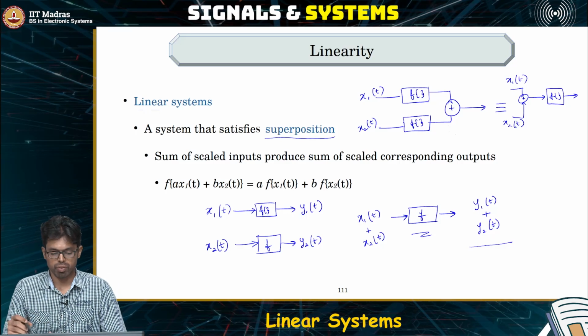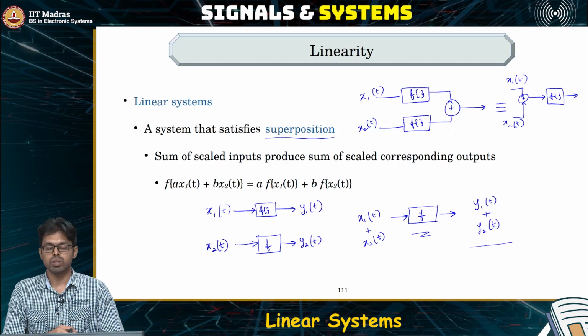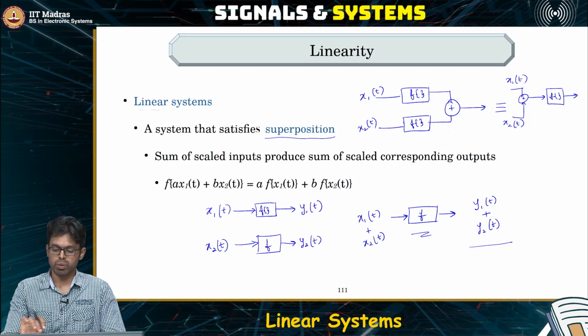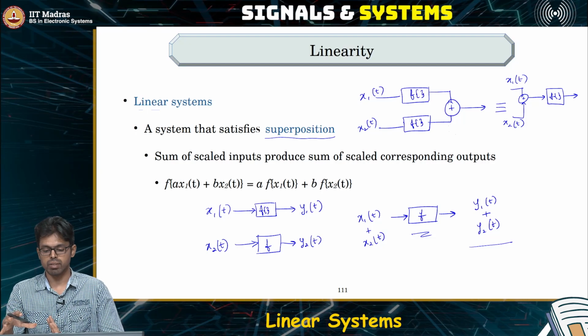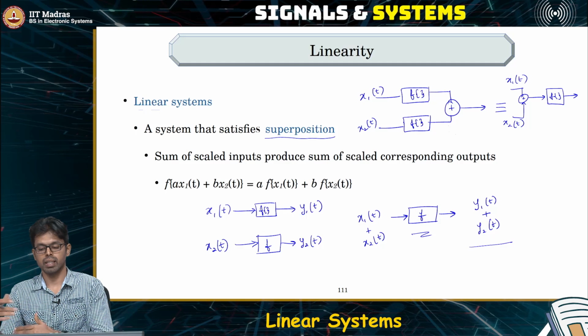So instead of adding the outputs, we can just add the inputs and feed to the system. The system will process the inputs as if they were given separately and then added.